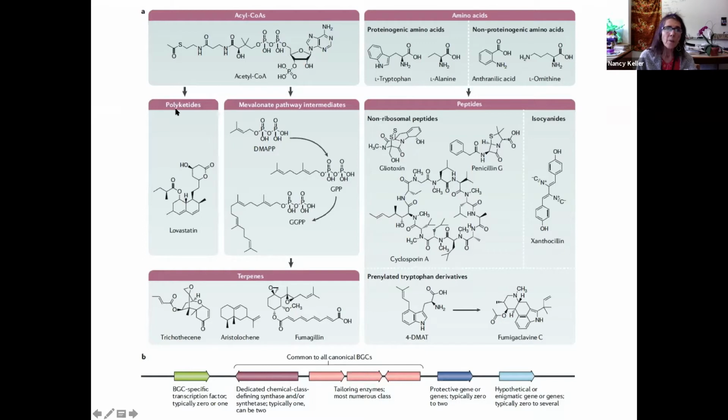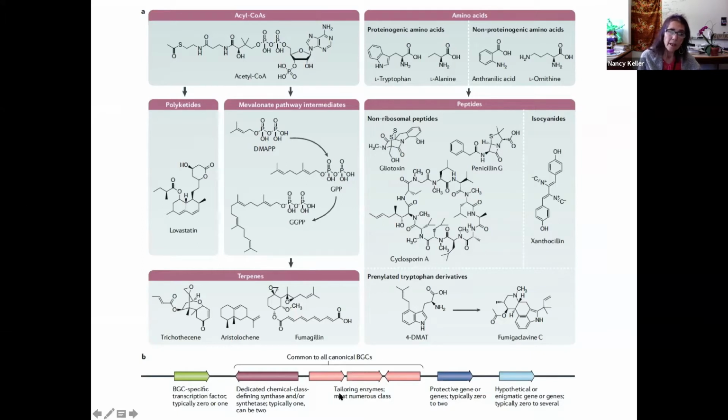For example, polyketides are produced by polyketide synthases. Terpene cyclases or terpene synthases make terpenes, and non-ribosomal peptide synthetases are responsible for making non-ribosomal peptides. The amino acid sequence in these synthases is pretty conserved, so you can find them quite easily using various algorithms.